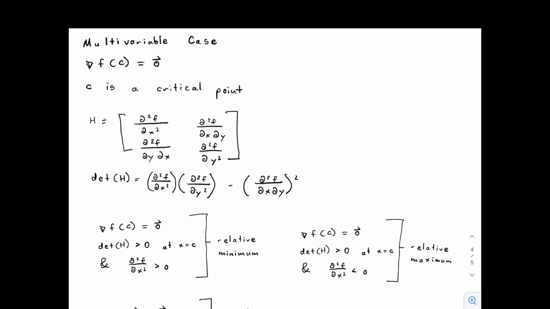So in the multivariable case, our first step is to find our gradient, right? Which in the two variable case, if we have f as a function of x and y, then our gradient of f is the first partial with respect to x and the first partial with respect to y as a vector, right?